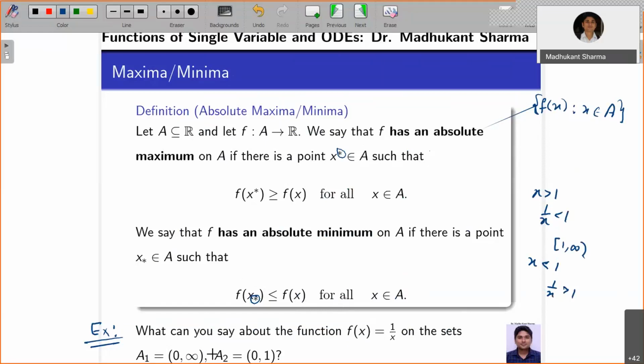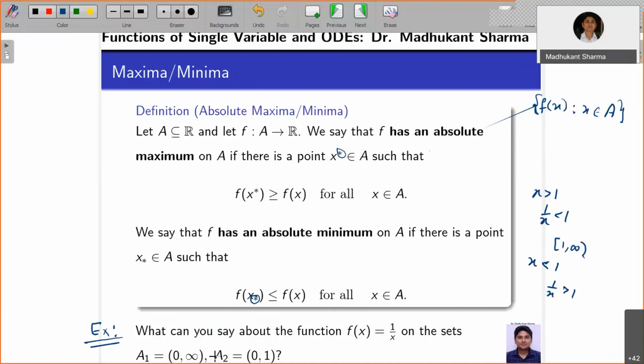Therefore this function has neither an absolute maximum nor an absolute minimum on the set.